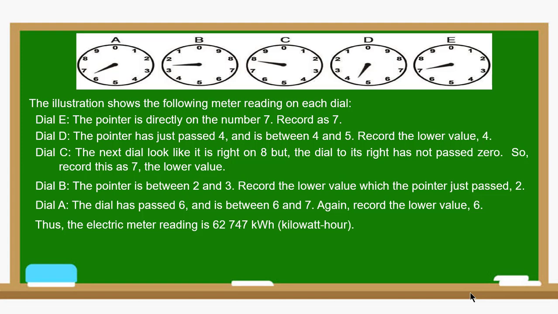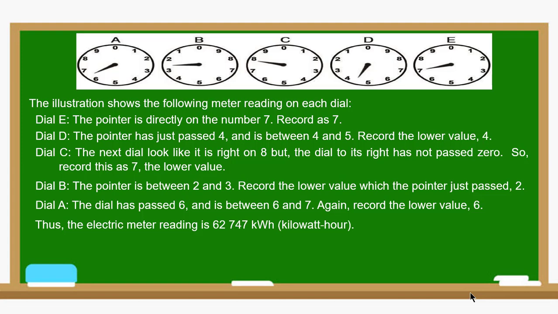Record the lower value, 4. Dial C. The next dial looks like it is right on 8, but the dial to its right has not passed 0. So record this as 7, the lower value.